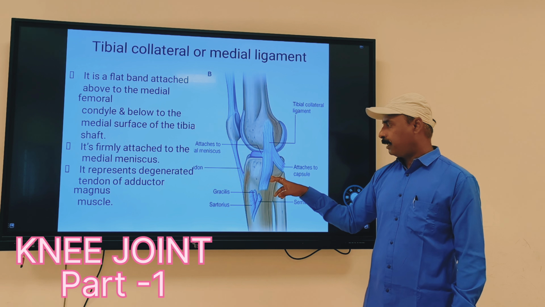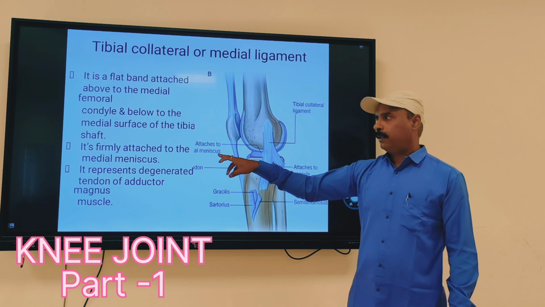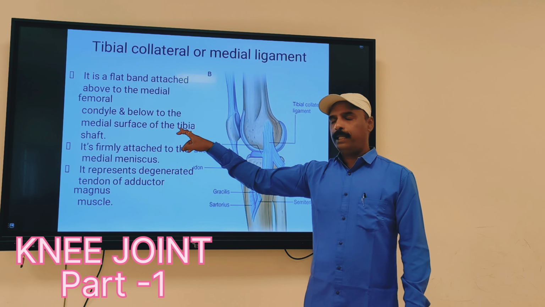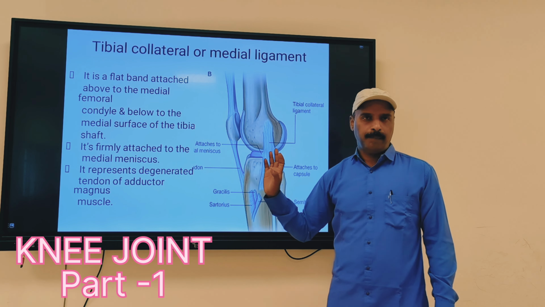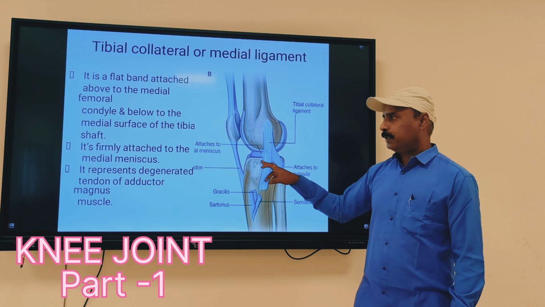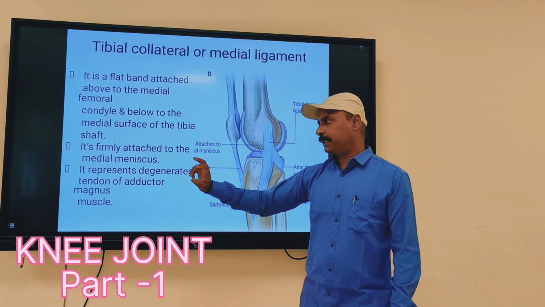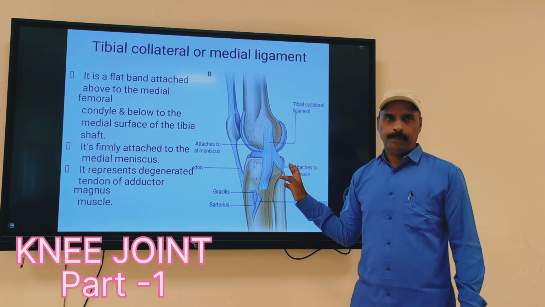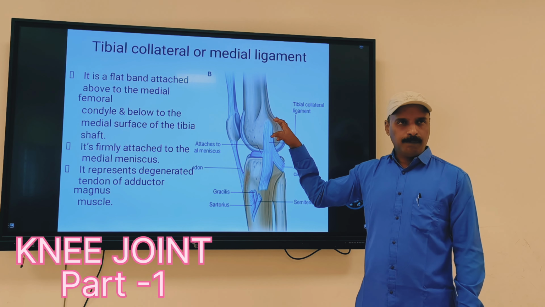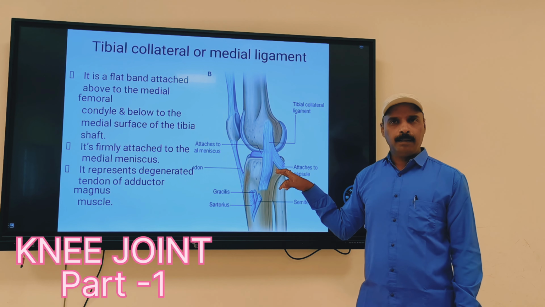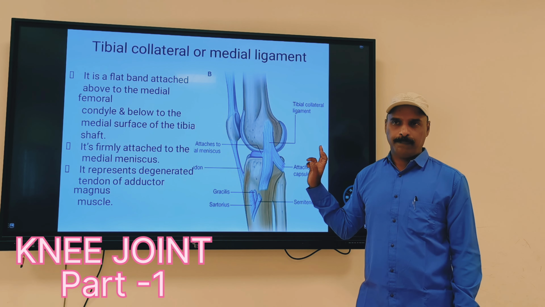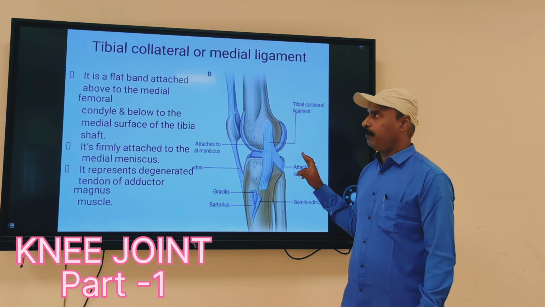The tibial collateral ligament attaches to the medial surface of the shaft of the tibia. Another point is that it goes into the medial meniscus, which you have to explain. So, medial epicondyle of femur to the medial surface and medial border of the shaft of the tibia. That is the attachment you have to remember.